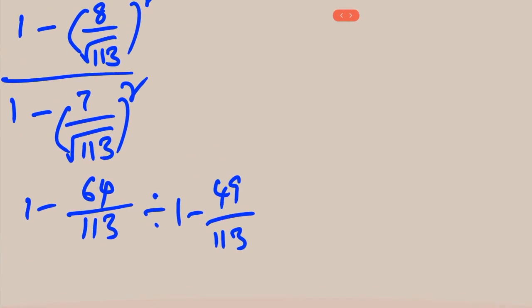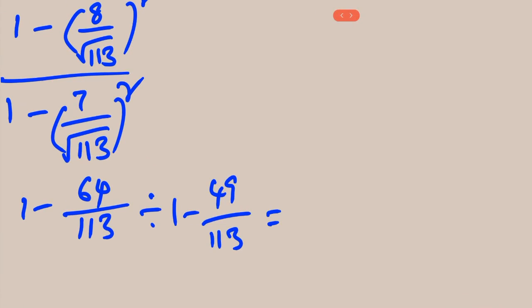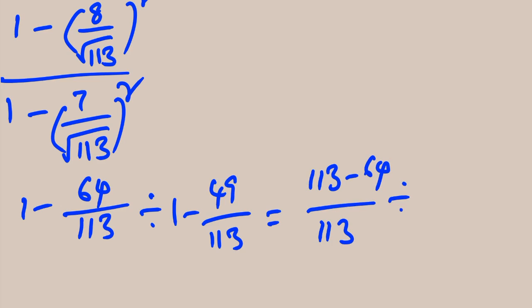Now one more step. 1 minus 64 by 113, if I take the LCM, is 113 minus 64 by 113, divided by 113 minus 49 by 113.